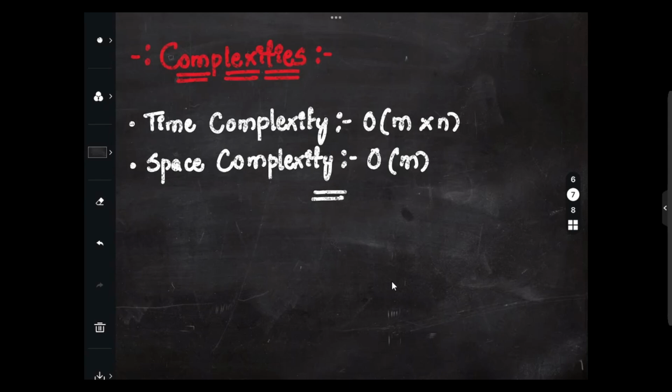And n is nothing but the number of strings present in the array. So the time complexity would be m into n, the length of the shortest string into the number of strings, right? So we will be processing each prefix of the minimum string, and we will be comparing that one with all the strings that are present in the array. So overall time complexity would be big O of m into n.